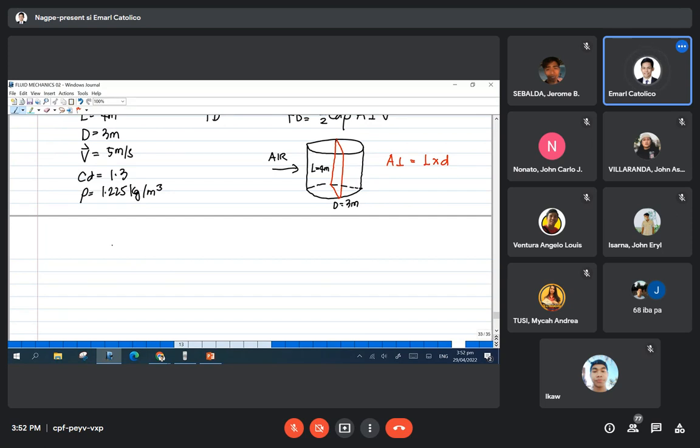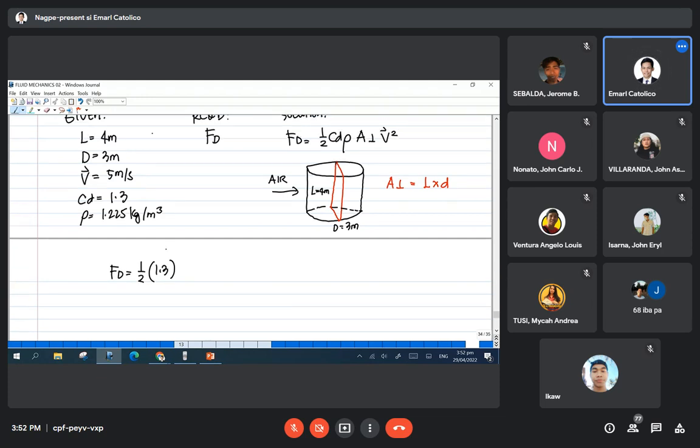Okay. So, drag force is equals to 1/2 times CD, 1.3. Density natin ay 1.225 kilogram per cubic meters. Area is length times diameter. So 4 times 3 meters squared. Velocity natin is 5 squared meters squared per second squared.